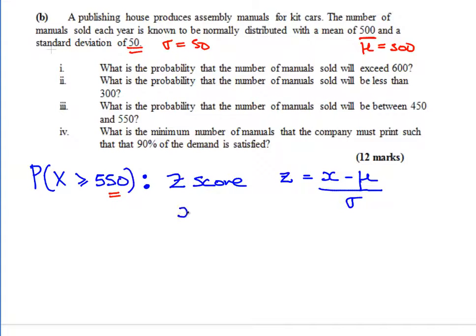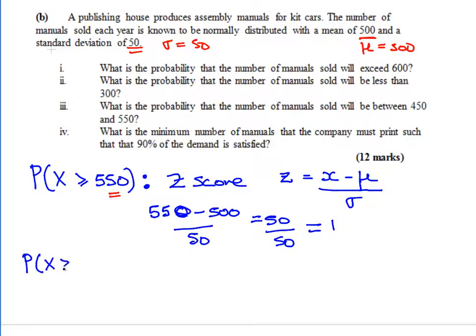So that's equal to 550 minus 500 all over 50. That's 50 divided by 50, which is equal to 1. So what we're saying is the probability of x greater than or equal to 550 is equal to the probability of a z value being greater than or equal to 1.